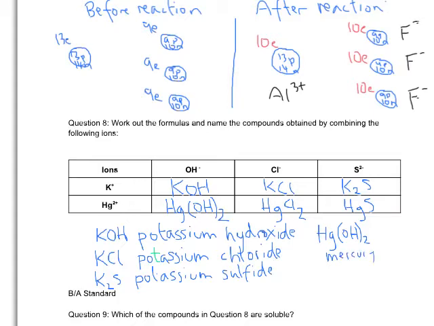Now mercury can be both 1 and 2, so it's mercury 2 hydroxide. The other one is mercury 2 chloride.